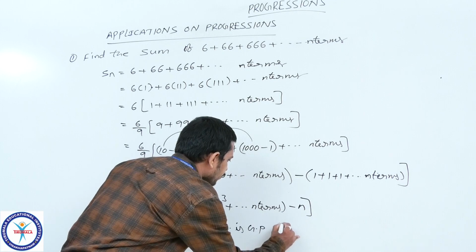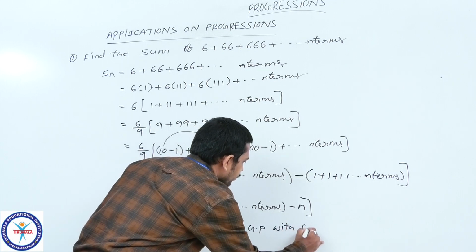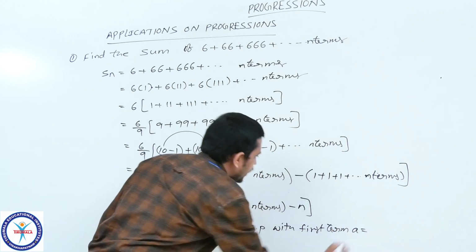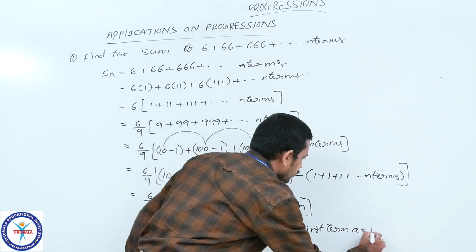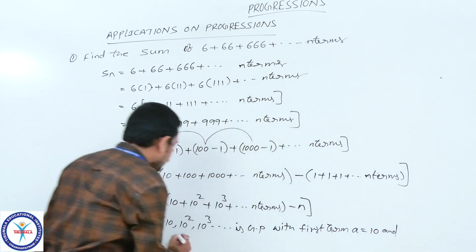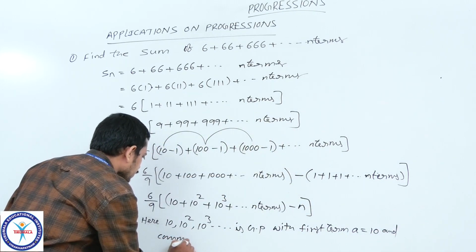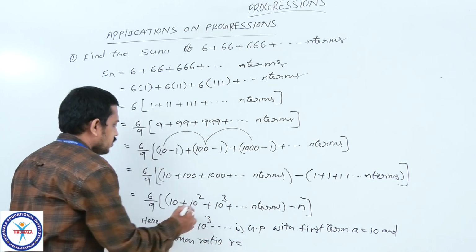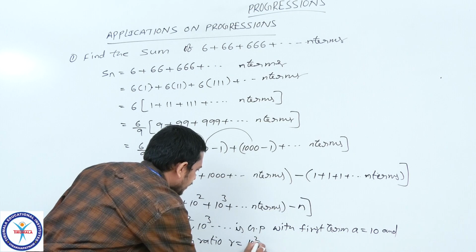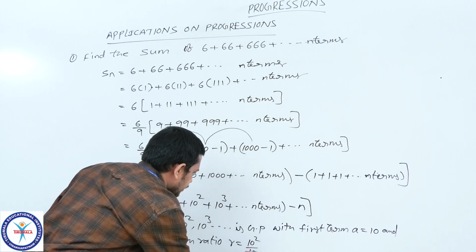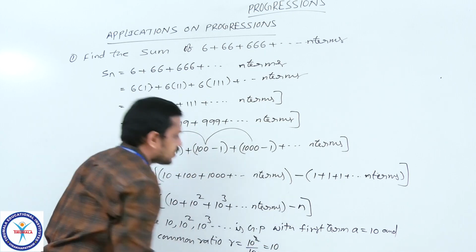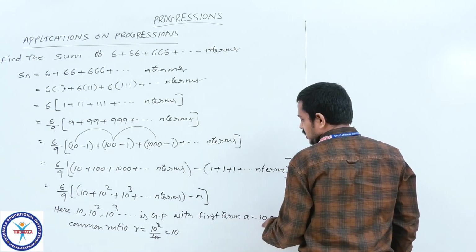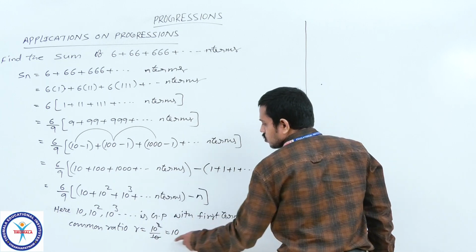Then what is the sum to n terms in geometric progression? Here the first term is A equal to 10, and the common ratio R is the ratio of the second term to the first term, equal to 10. So this series is in GP with first term A equal to 10 and common ratio R equal to 10.